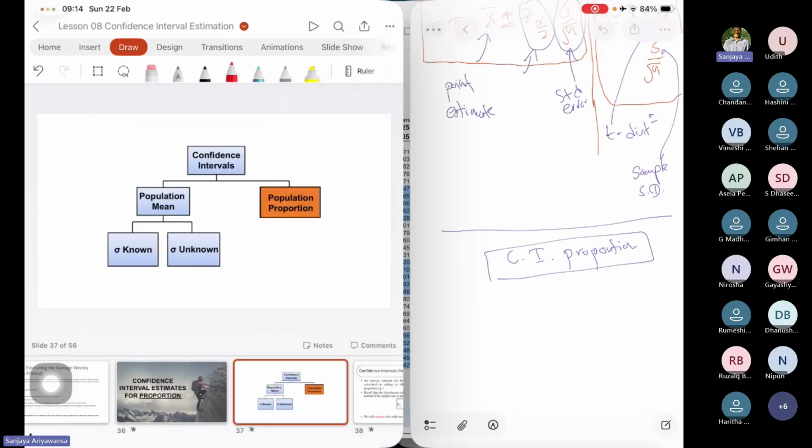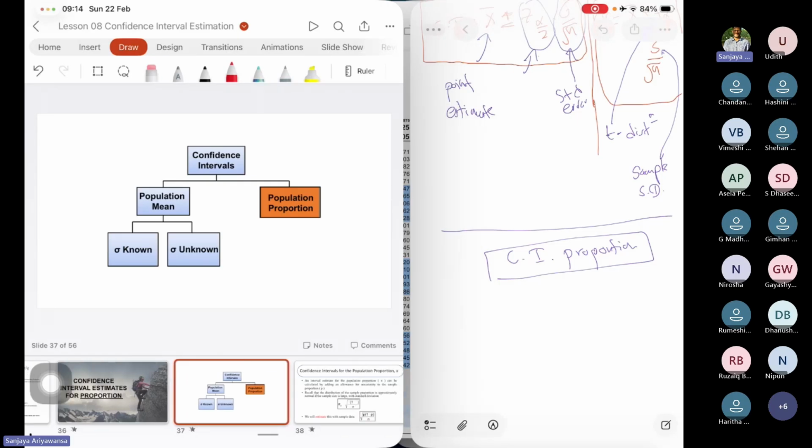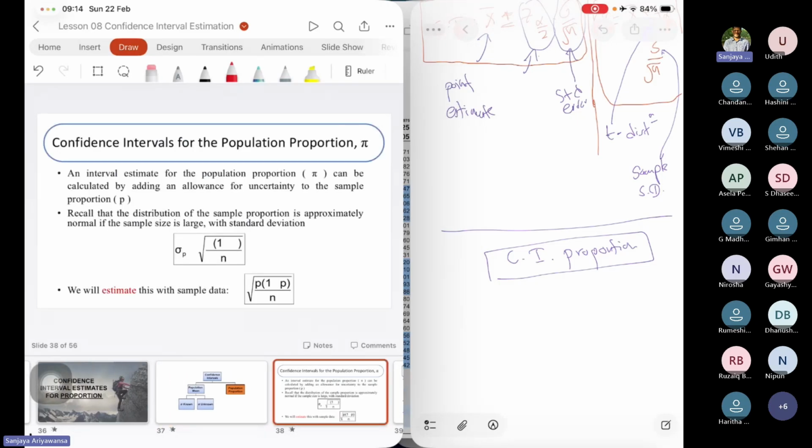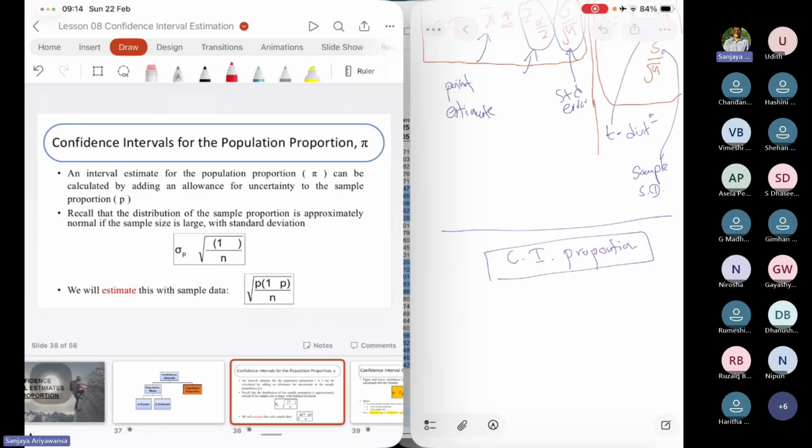So in this case, the logic is more or less the same. Here, the population standard error is given by the square root of pi times 1 minus pi divided by n.